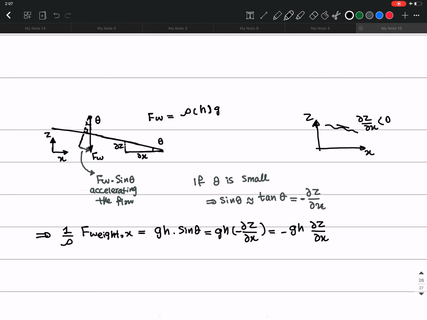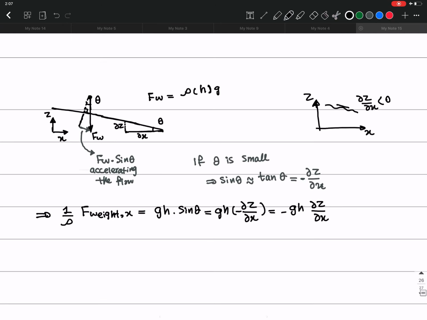Okay. So now let's go to the second force, which is viscous force. So F viscous in x. For this force, we typically use an empirical relation. So for these kinds of hydrological applications, they typically use an empirical relation for velocity.